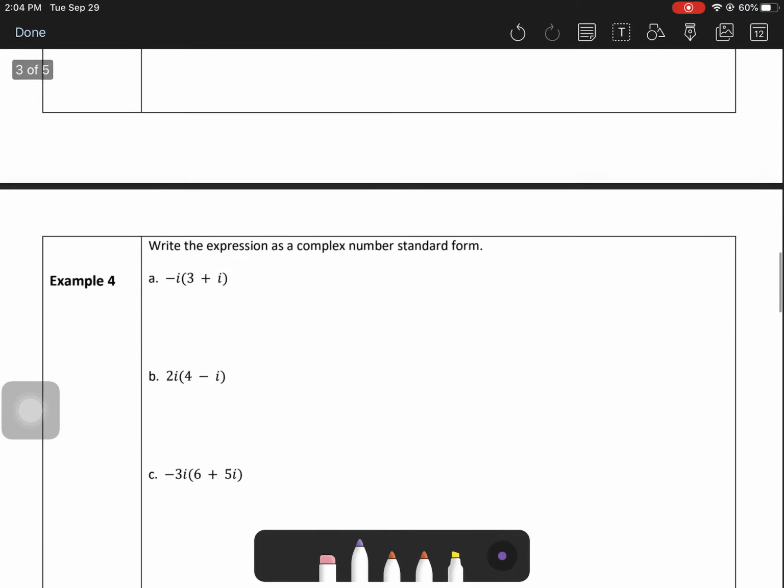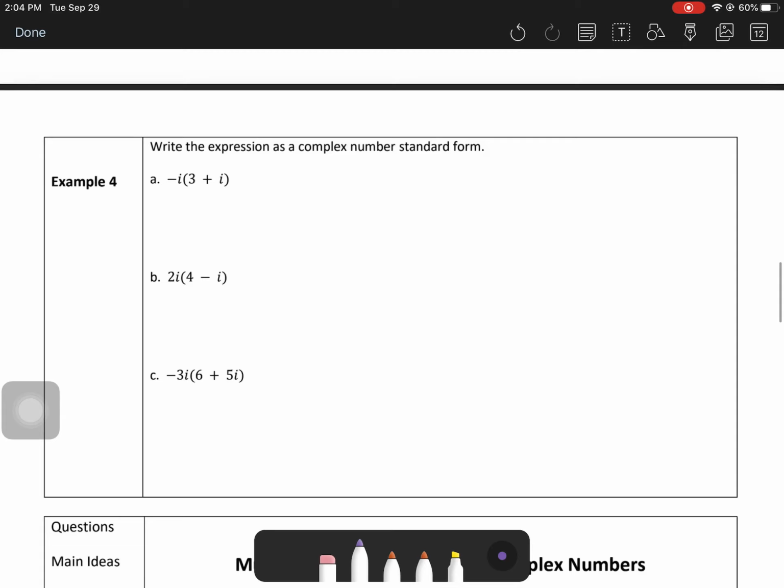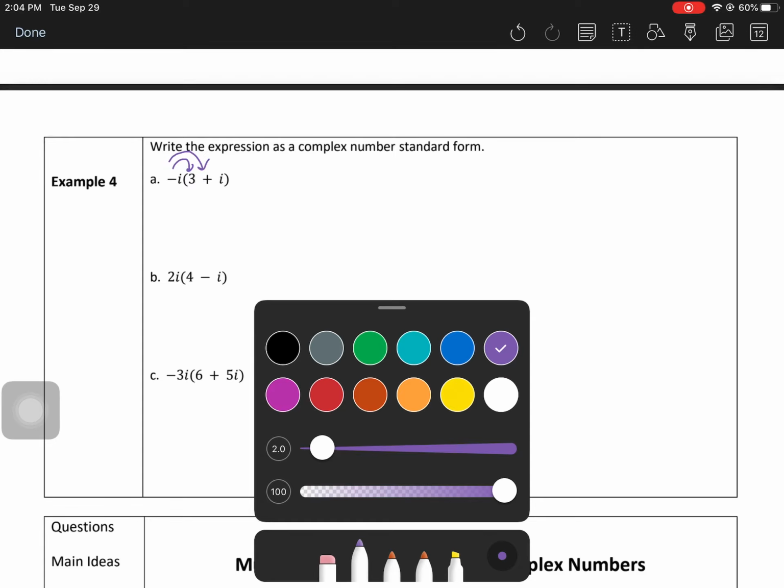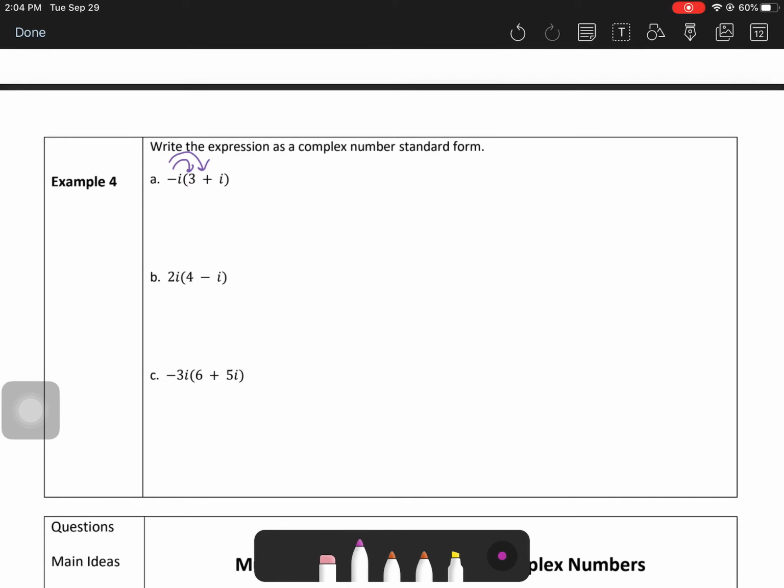As we perform more operations, the first thing we want to do then is to be able to use the distributive property. So when we're doing the distributive property, negative i times 3 would be negative 3i. And then remember, negative i times positive i is negative i times i, which is i squared.